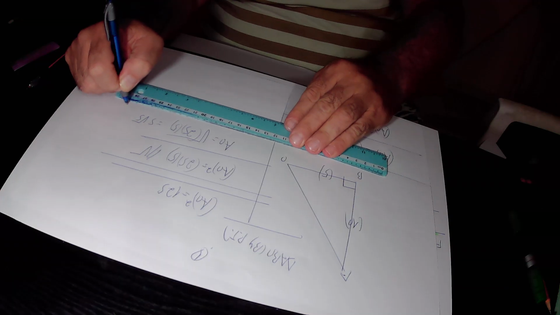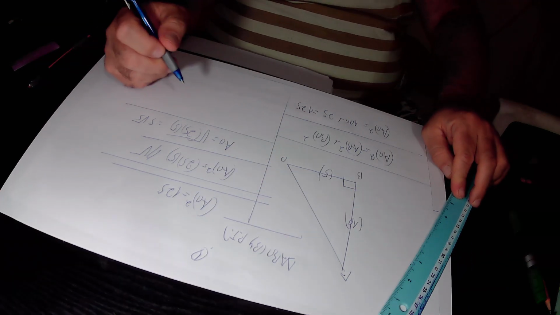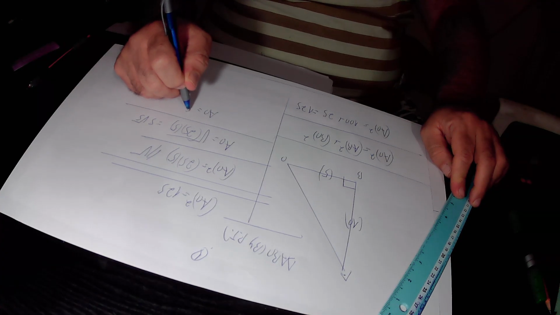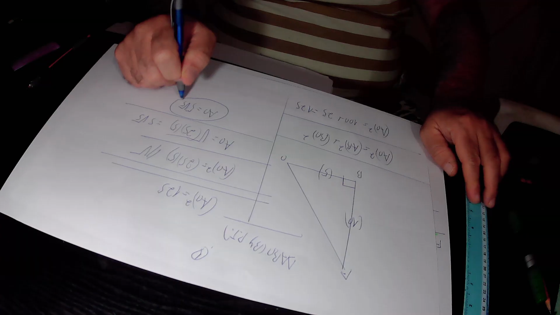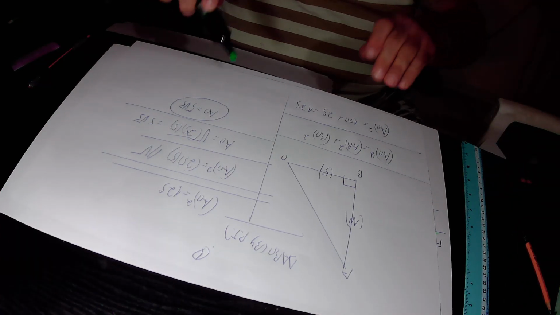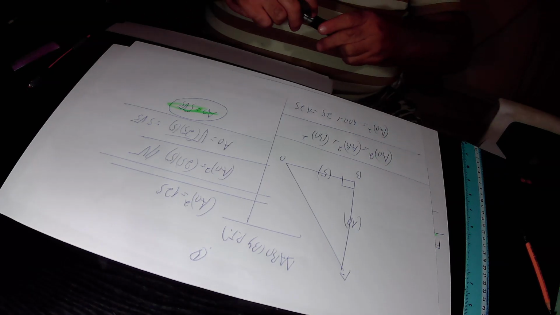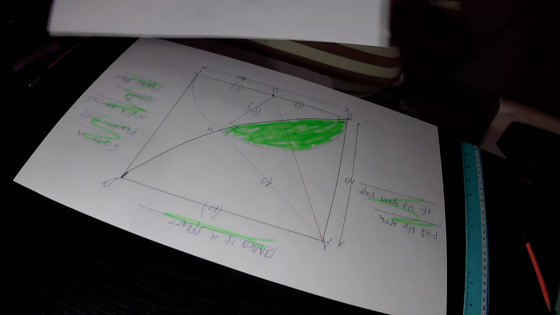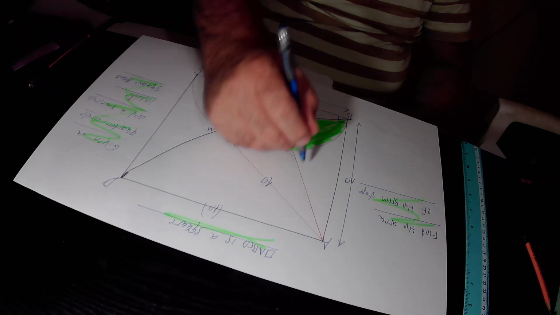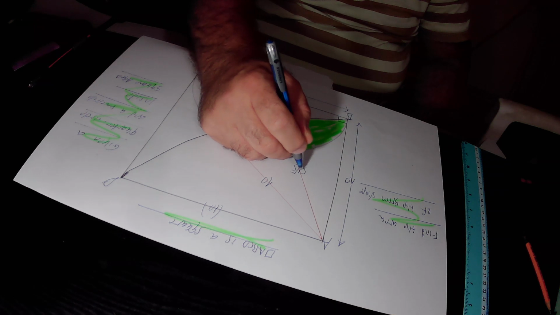So in total we find that AO equals 5 times the square root of 5 units in its length.